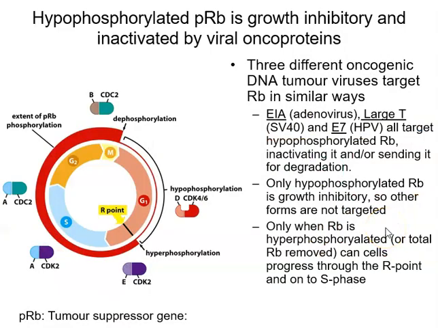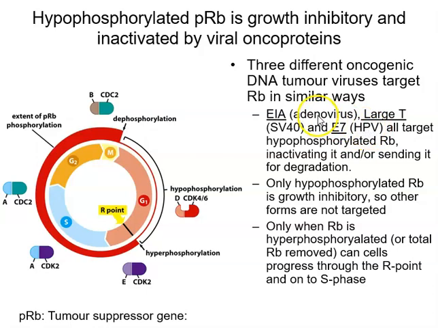And the pRB protein is a target for many mechanisms of inactivation, all of which are going to drive tumour formation. And it's directly targeted by viral oncoproteins. As we'll hear in a later lecture on human papillomavirus, HPV expresses a protein called E7, and E7 targets hypophosphorylated retinoblastoma protein, inactivates it, and or sends it for degradation. So two different viruses, adenoviruses and HPV.